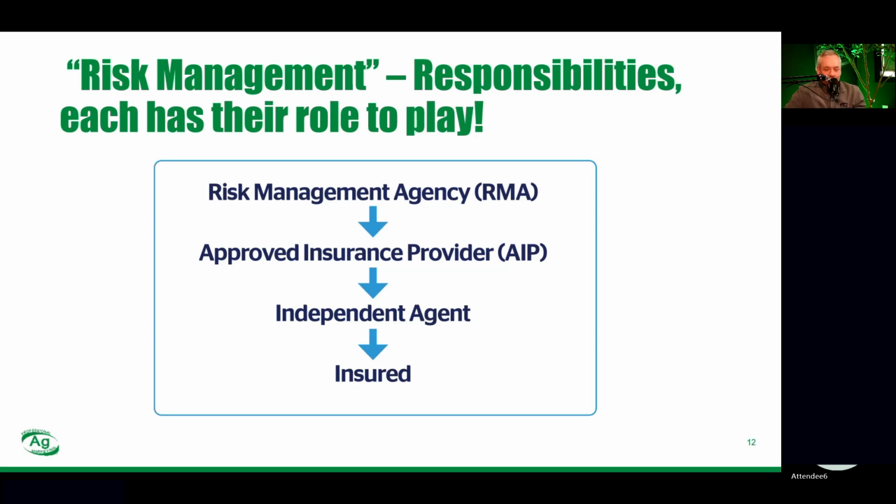They're the ones trying to make the program work across all the different crops nationwide in all the different states and geographies they're growing. I might give the RMA a hard time a lot of the time. In reality, the job they're doing is really hard, right?